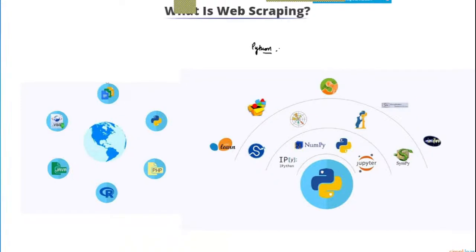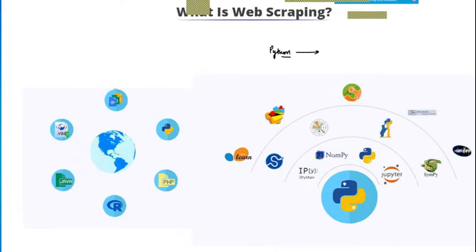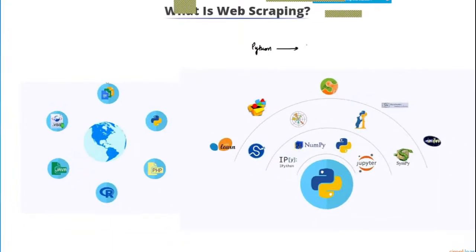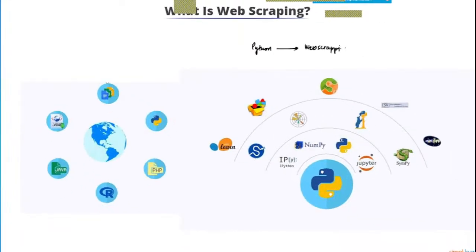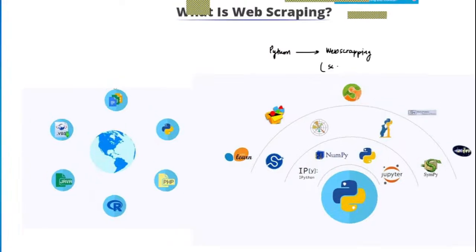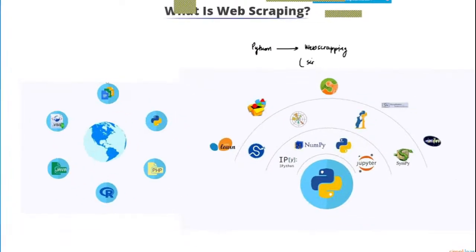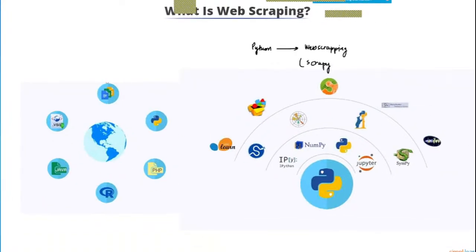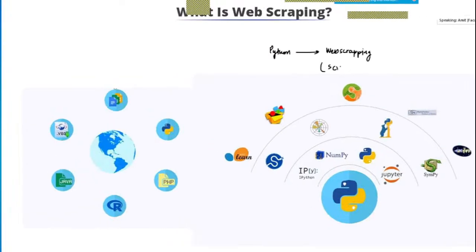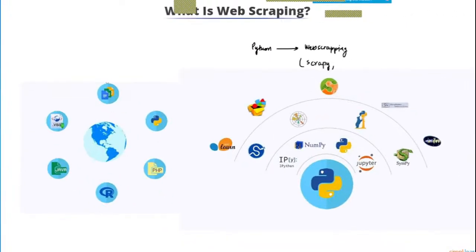So using Python, we can discuss it by using the web scraping techniques. For example, we have got Scrapy, and at the same time you can also use Beautiful Soup.